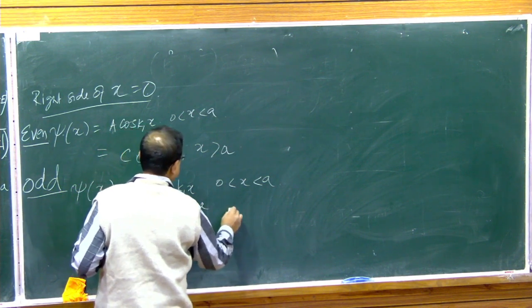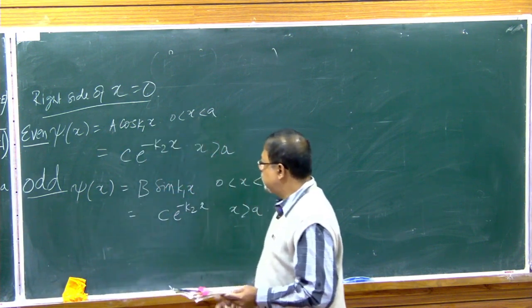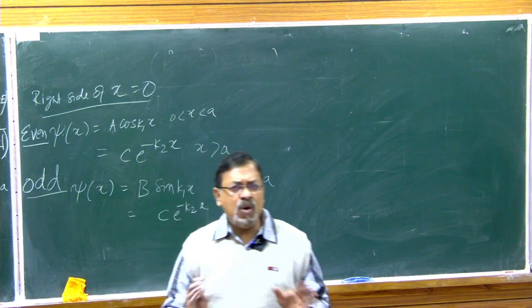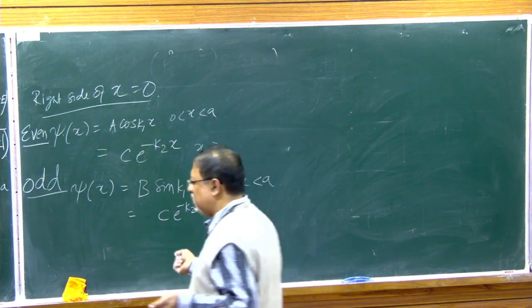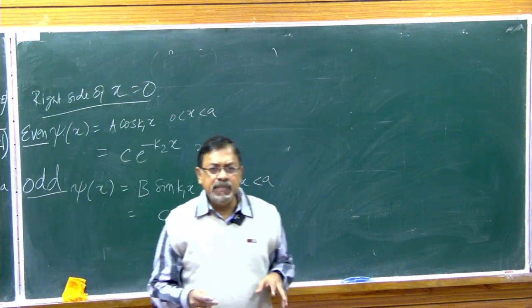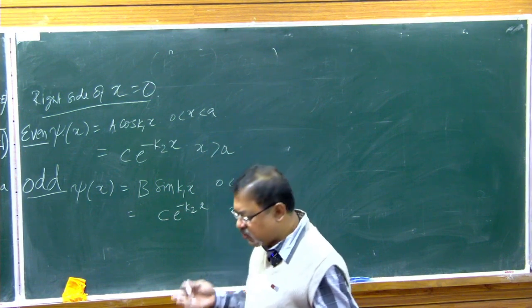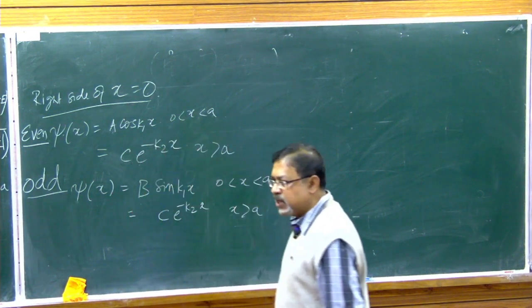This doesn't make a difference because you can't keep a plus there. So these are the even solution and the odd solution. You see, even and odd only come inside the well, because the well is symmetrically placed about 0. On the right side of the well, that's for x greater than a, there is no change in the wave function. Now we'll have to apply the boundary conditions.